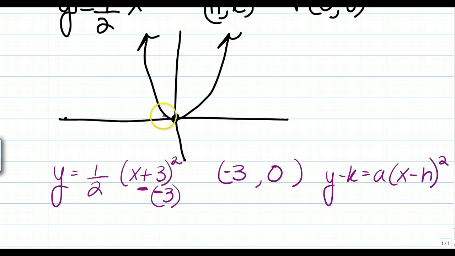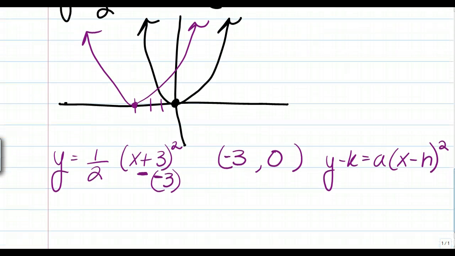So when we go to plot this, we're going to have negative 3, 0, and we know that it is going to be upward. And we'll talk about how do you know where this crosses here in a little bit. Right now I just want to focus on plotting the vertex and whether the parabola is up or downward.